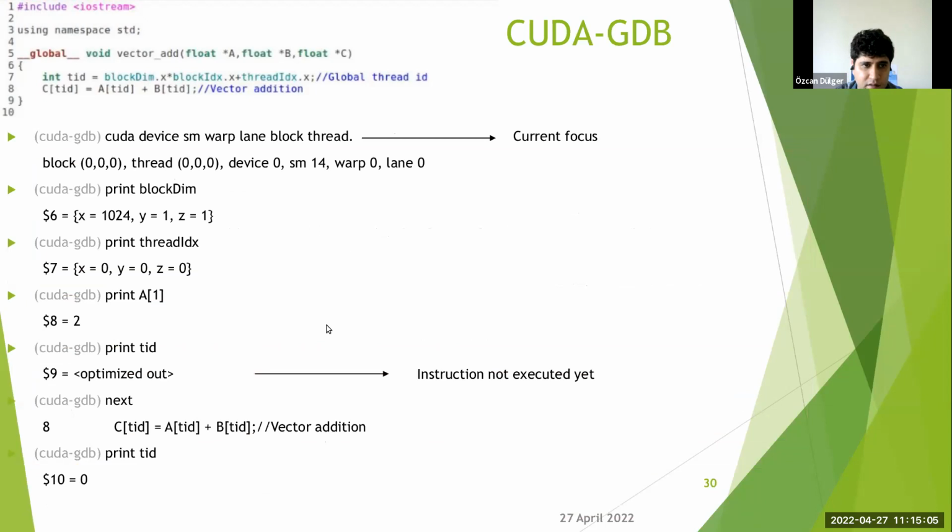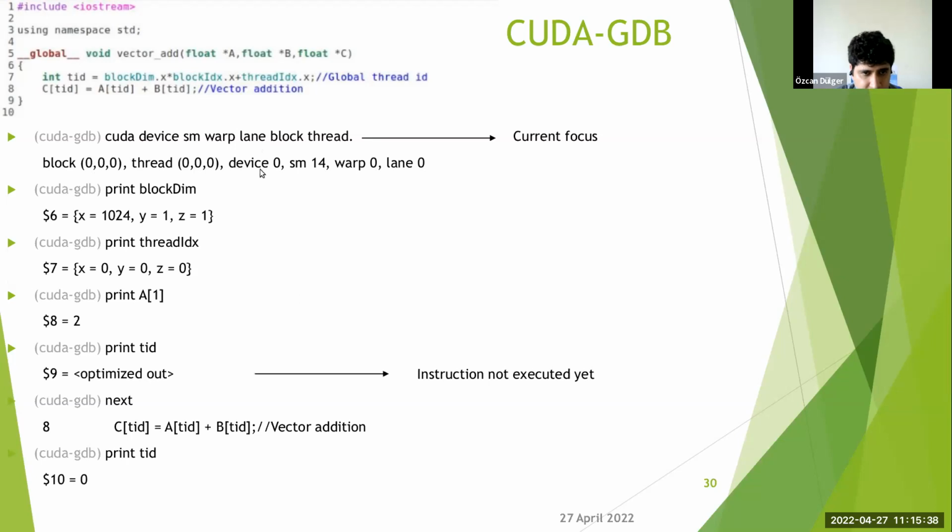And we can check the current focus, and we can switch the focus to another thread. I will show them. First, if you want to check the current focus, enter cuda device sm warp lane block thread, and you will see their values here. Block is 0, so this is the first block. Thread is 0, so this is the first thread.